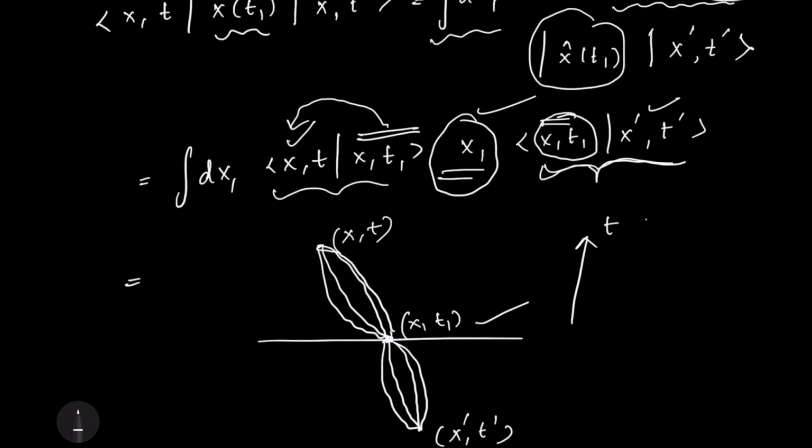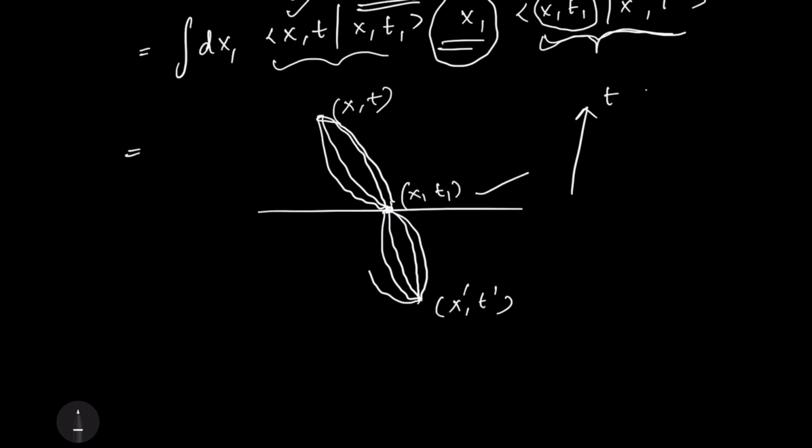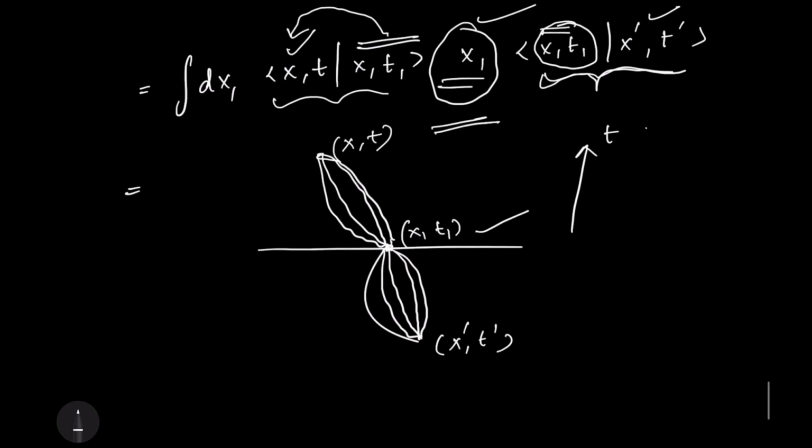So that is how the path will go, right? From x prime t prime to x1 t1, then multiply by this x1, and then go from x1 t1 to xt.